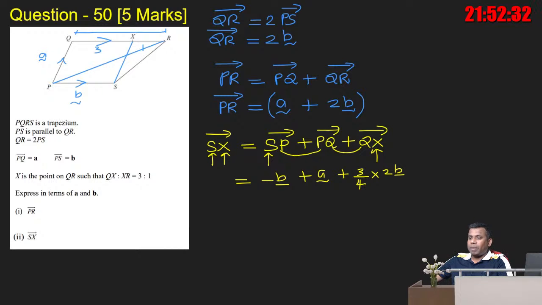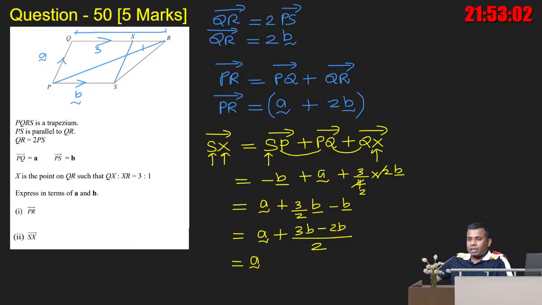So you can do your maths, collecting like terms, A vector separately, and 2 and 4 cancels to 2. So plus 3 over 2 B minus B. So that will happen as A vector plus, if I take the denominator 2 the same, 3B minus 2B. 3B take away 2B is B over 2.